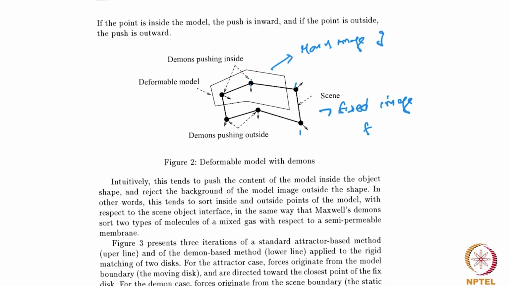All the points in the scene or the fixed image that are inside the model image or the moving image contours tend to push inside, while those which are outside the model tend to push outside. This is like trying to squeeze your moving image into the fixed image, correct? So the demons decide which points to squeeze in and which points to squeeze out.